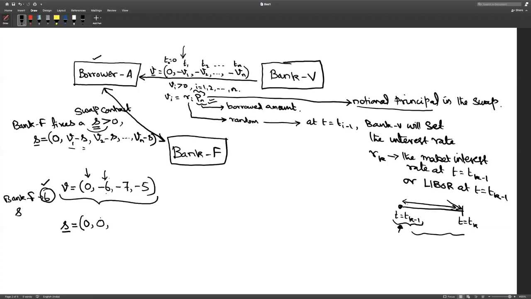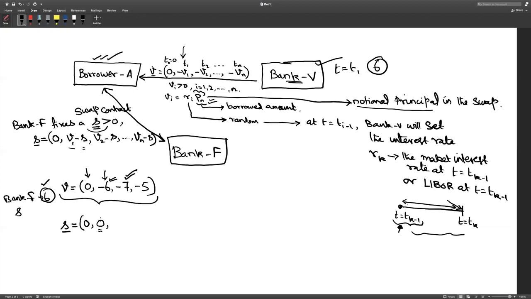Therefore, at the first instant, bank F will not pay any money to him. Borrower A directly goes to bank V and pays 6 rupees at T1 and comes back. At T equal to T2, bank V is asking for 7 rupees, right?